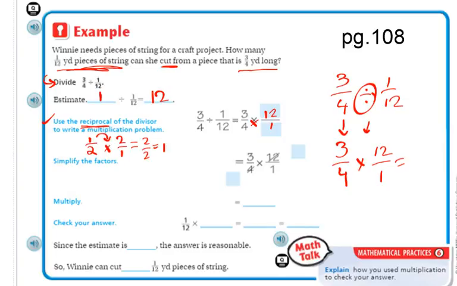Okay, so then looking at the 3/4 times 12/1, all right, we're going to divide out some common factors here. So you'll notice I divided out a 4 here. That gives me a 1. I have to divide out by 4 here, and that gives me a 3.